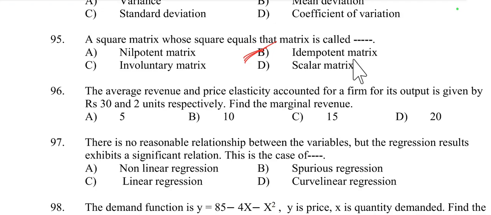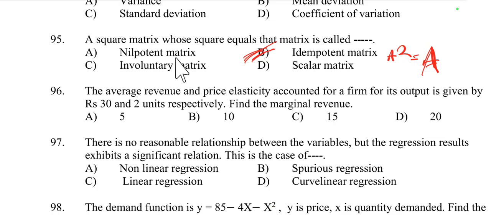A matrix A is called idempotent if A square is equal to A. This means that when the matrix is squared, its result is the same matrix. So the value of A and A square are the same, so it is called an idempotent matrix.